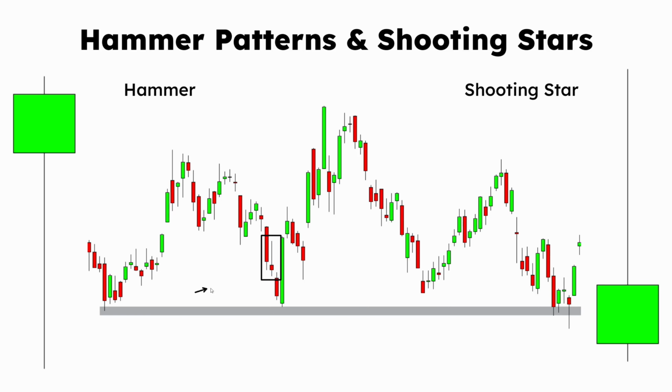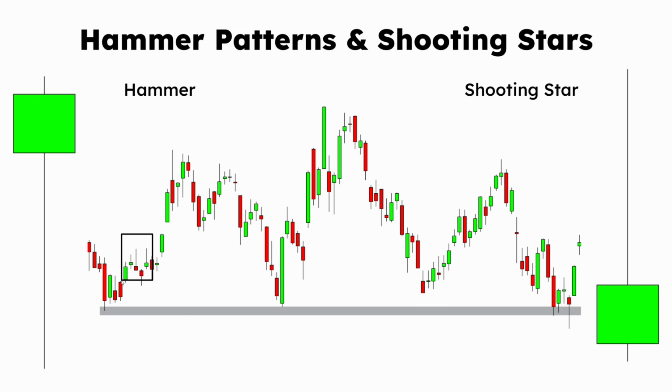For example, right here, we have a candle that is pretty much looking like a shooting star, and right here, this is also pretty much looking like a shooting star. But the reason these two candles are not valid shooting stars is because in order to have a valid shooting star, we need to see an uptrend before the pattern appears. And in both of these cases, we actually see a downtrend before the shooting star appears. So it's not really a valid shooting star.